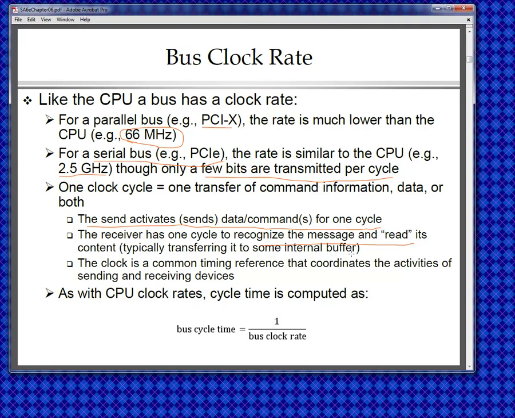In the case of a CPU, it's probably going to stuff it into a cache or stuff it into a register. So this clock is basically what keeps everybody operating on the same wavelength, so to speak. All the devices in the system use the same clock to coordinate this flow of data back and forth.